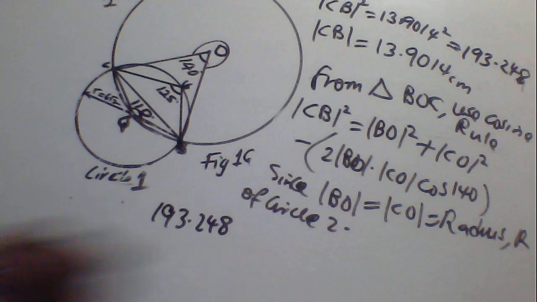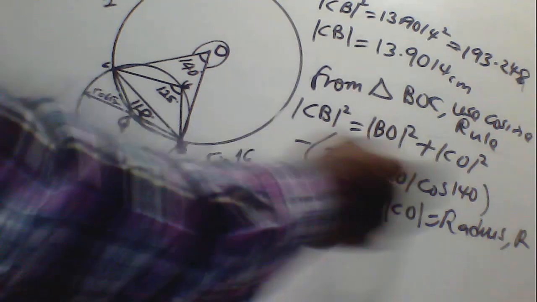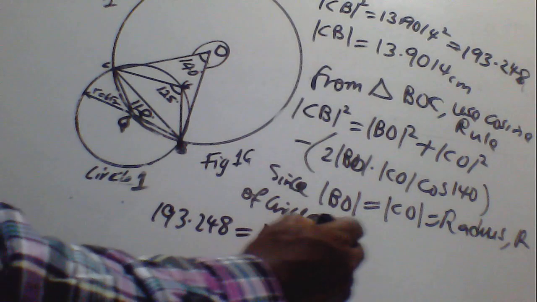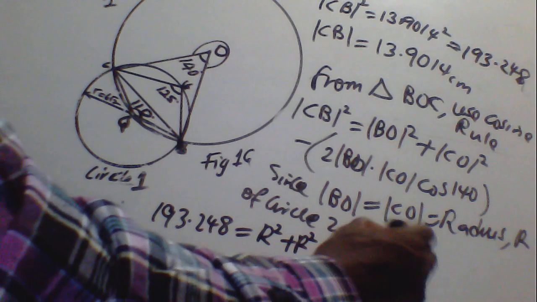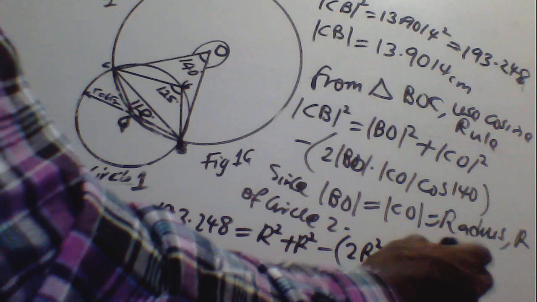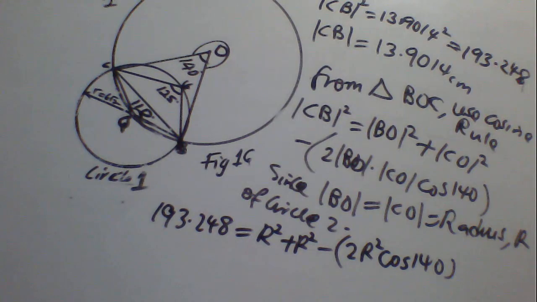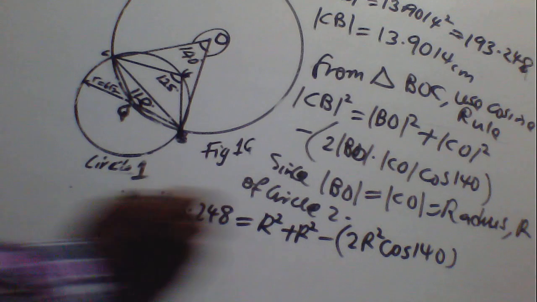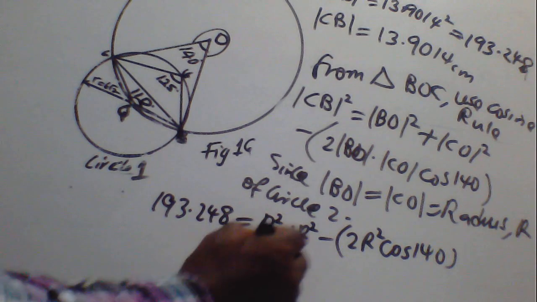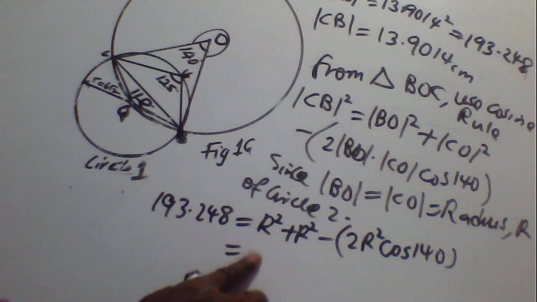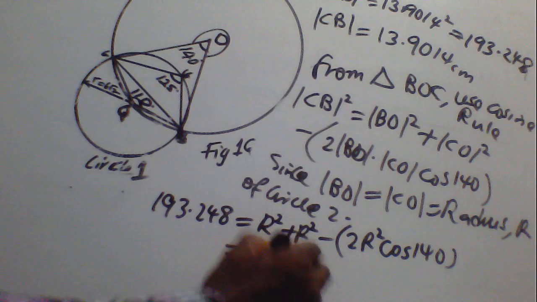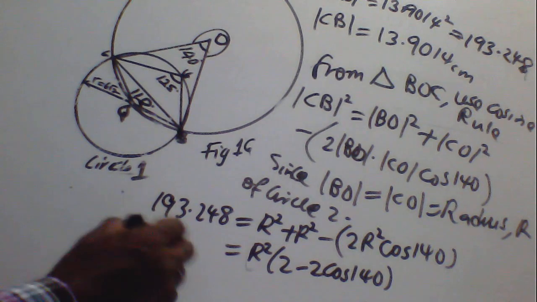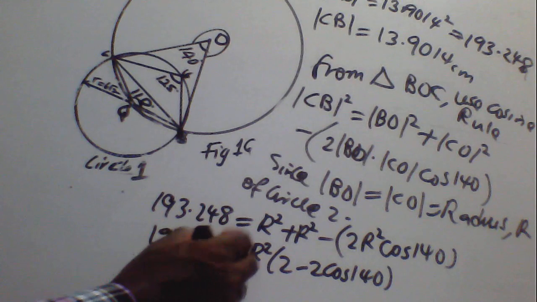So from here we have 193.248 is equal to, these are the radius, which is R. So you have R squared plus R squared minus in bracket 2R squared cos 140. So simplify. This is the same as, bring R squared out, you have R squared in bracket 2 minus 2 cos 140 gives us 193.248.